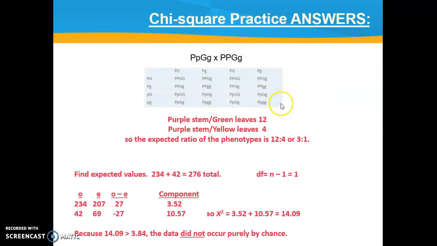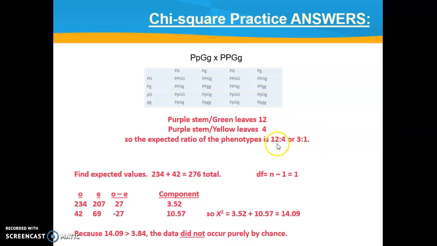And from this, I've looked at what we should have gotten. So this is what we would expect. We should see 12 plants with a purple stem and green leaves, 4 plants with a purple stem and yellow leaves. So if we write that as a ratio, that's a 12:4 ratio, or a 3:1 ratio if we reduce that.